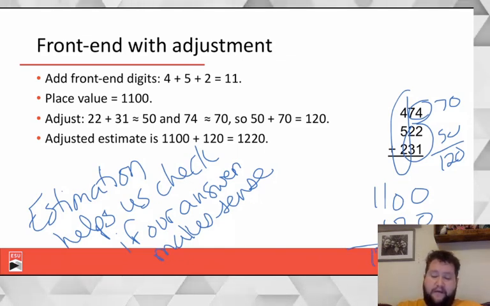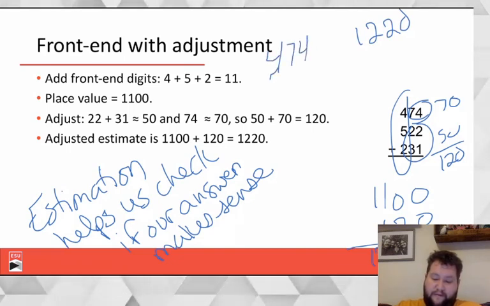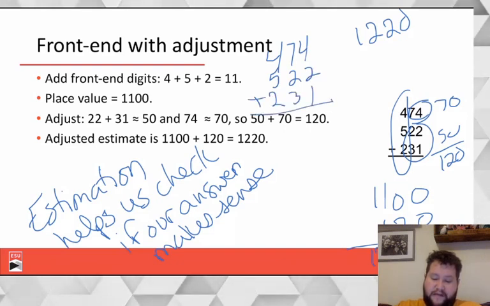This is worthwhile because suppose I did this and I say it should be about 1220. But when I was adding, I went 474 plus 522 plus 231. And I was just like 4, 5, 6, 7, 7, 8, 9, 10, 11, 12, 2.